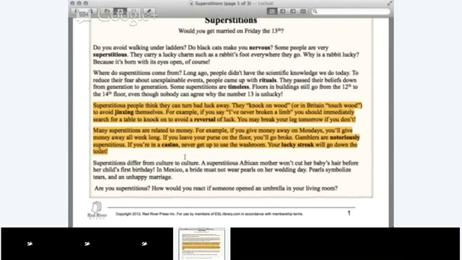For example, if you give money away on Mondays, you'll give money away all week long. If you leave your purse on the floor, you'll go broke. Gamblers are notoriously superstitious. If you are in a casino, never get up to use the washroom. Your lucky streak will go down the toilet.